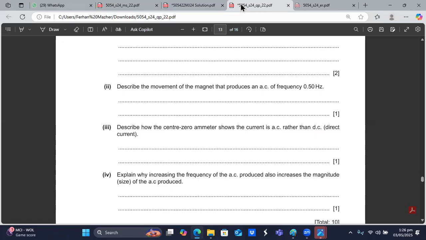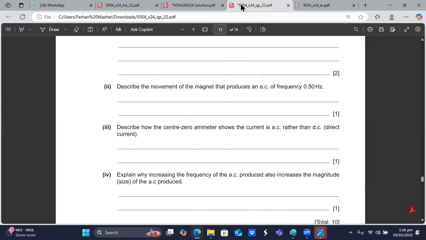During half of the cycle, the ammeter will be deflected towards the right, and during the other half cycle, the ammeter will be deflected to the left. So the pointer will be deflecting to the right, then to the left, then to the right, then to the left.